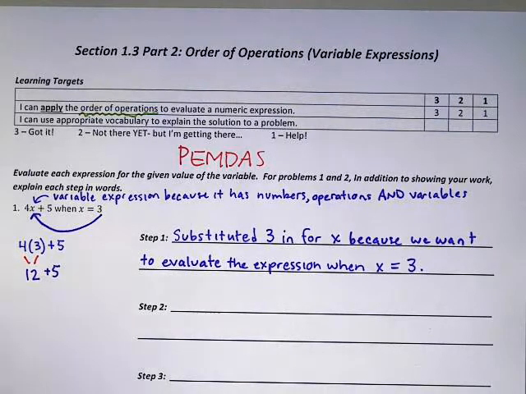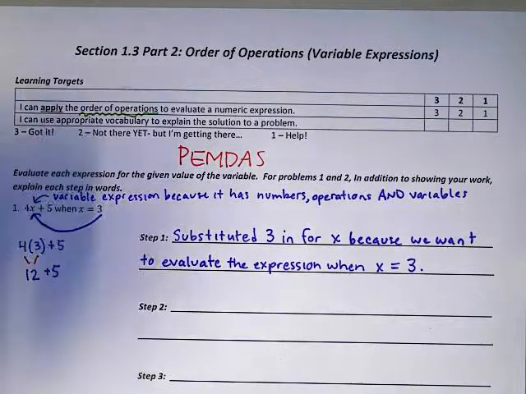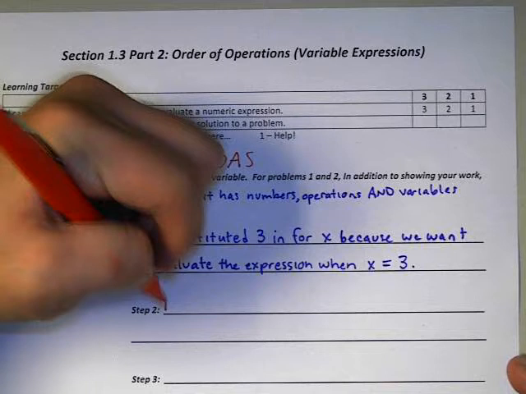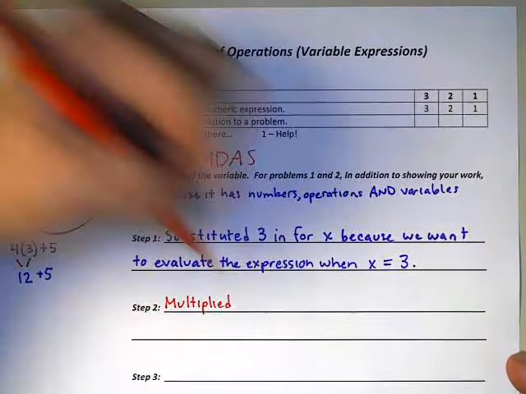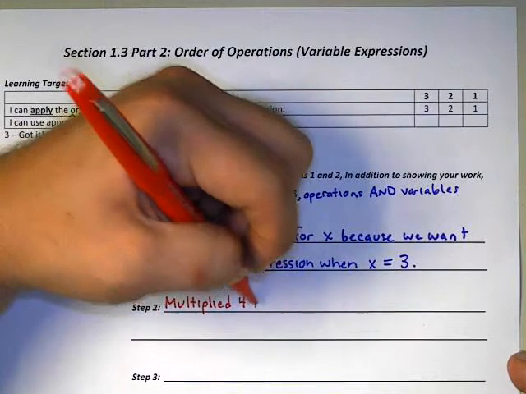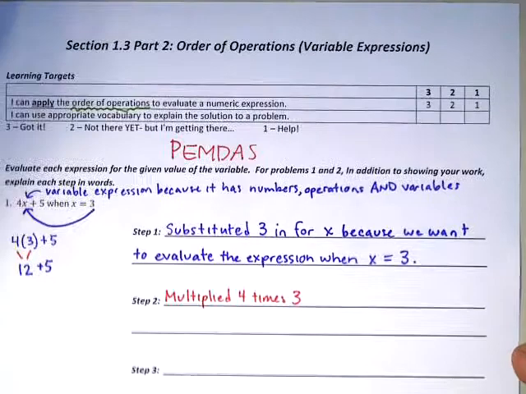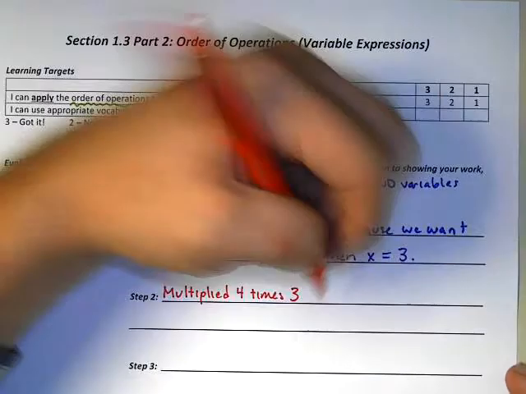What would we write for something like that? Well, I multiplied 4 times 3. And why did I do that?